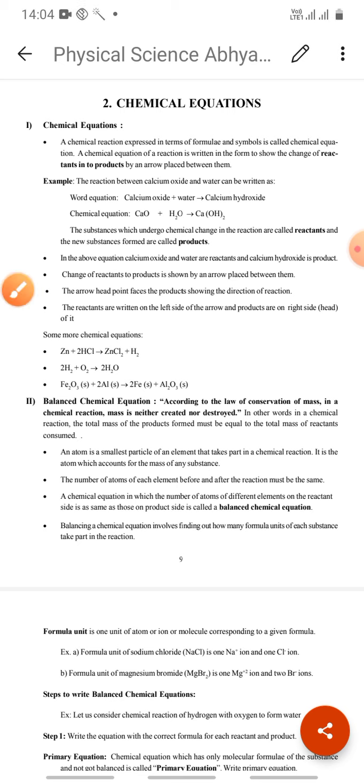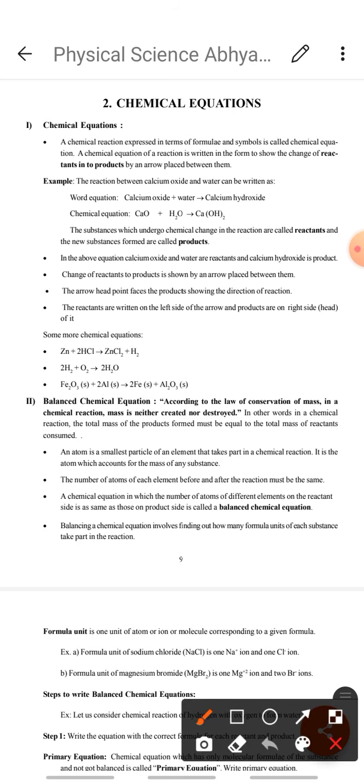For example, the reaction between calcium oxide and water, it can be written in this way. By using words, it is called word equation. So, what is the word equation? Calcium oxide plus water, arrow mark, gives calcium hydroxide.